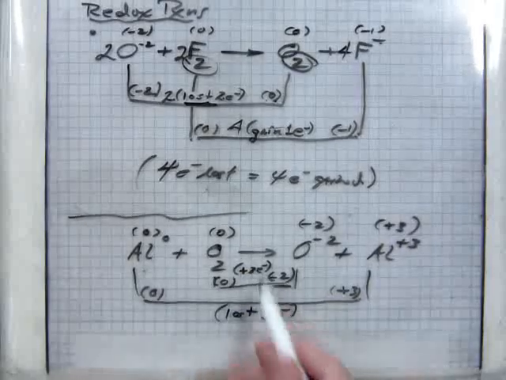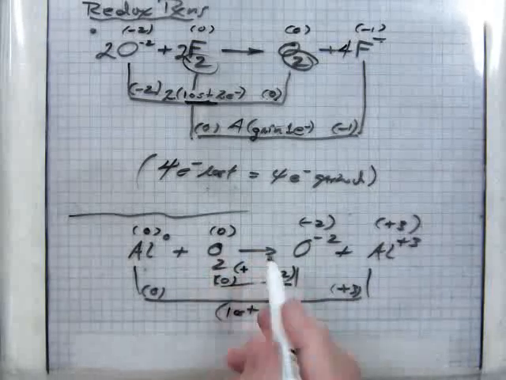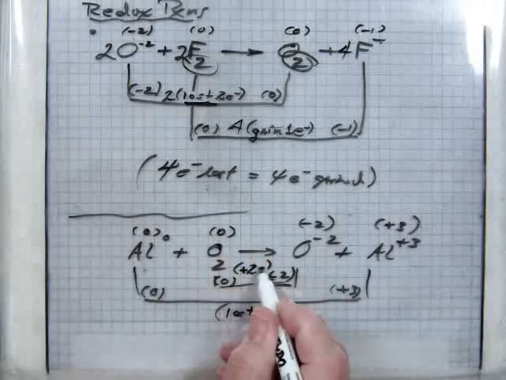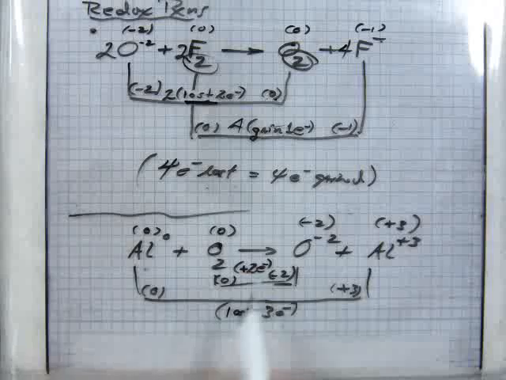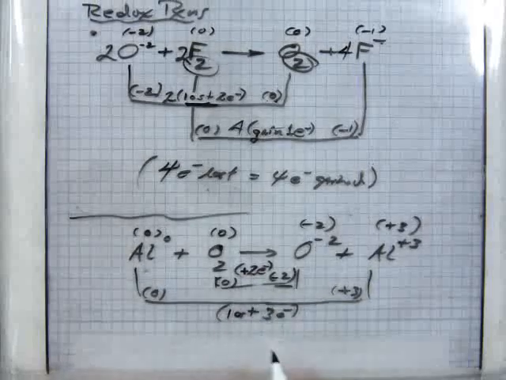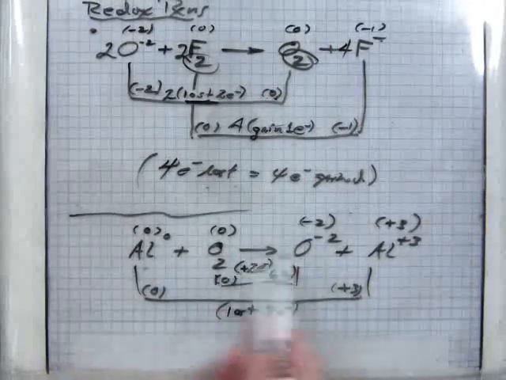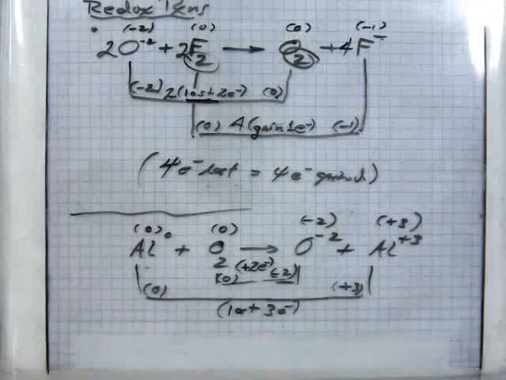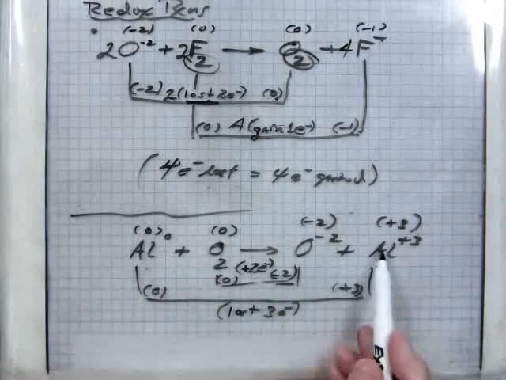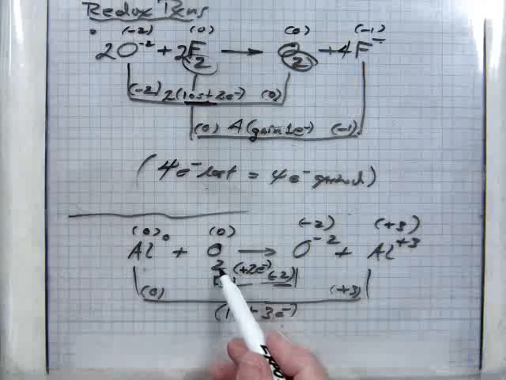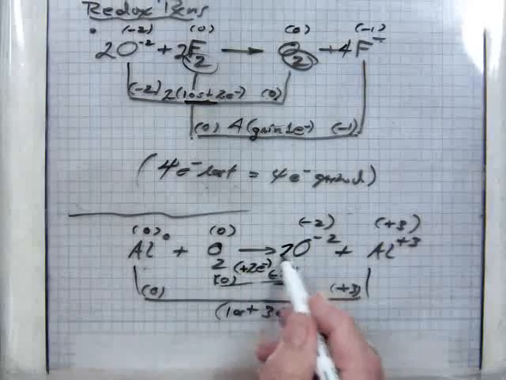Now notice it's 2 electrons right there. So you have an imbalance here. But first you have to balance the oxygens, and then of course the aluminums. Aluminum's 1 and 1 anyway. But since I have a 2 here, I have to have 2 here.